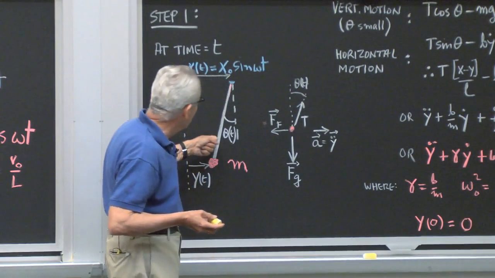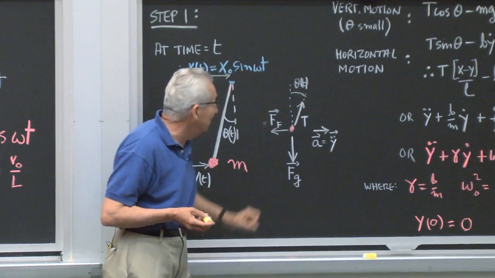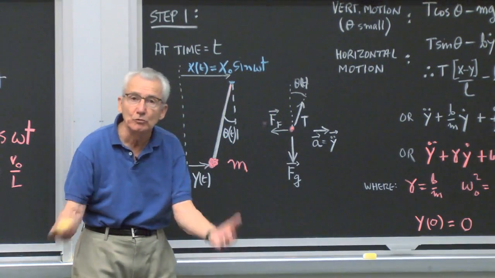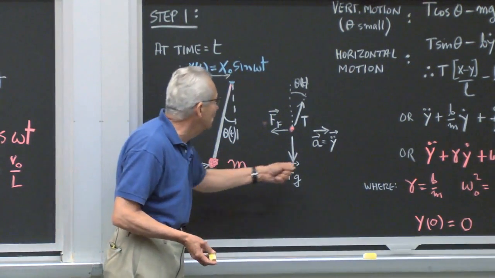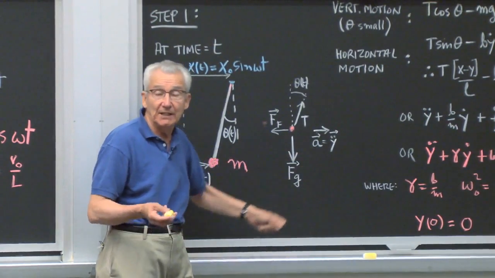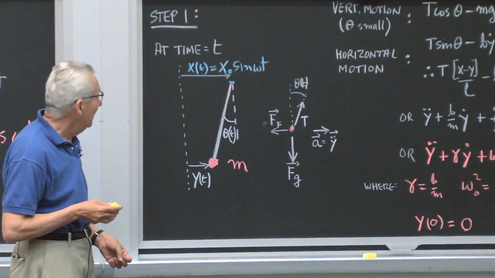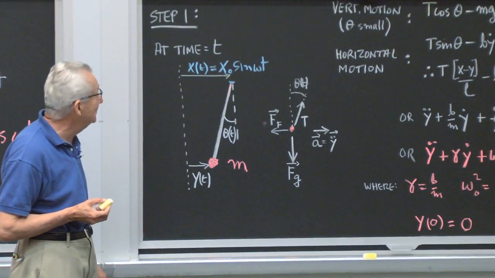There will be a tension in the string, pulling it in that direction. The sum of forces by Newton's laws of motion gives the acceleration: net force divided by the inertia of the system, which is the mass.